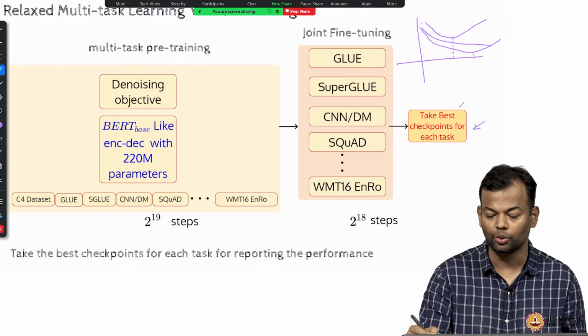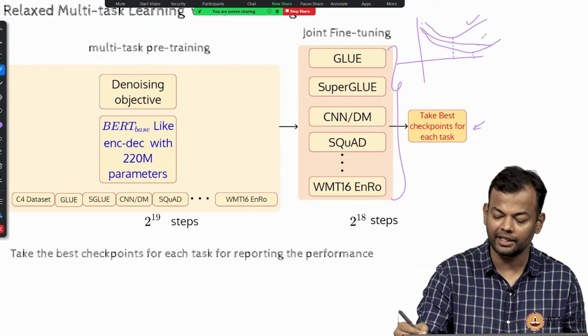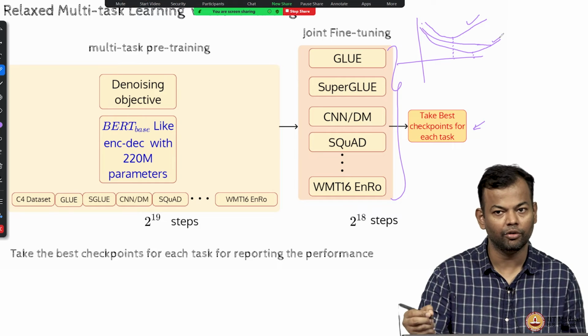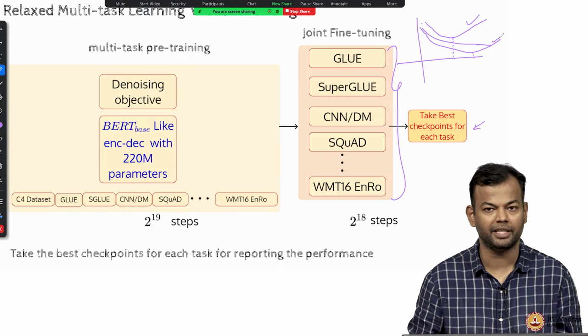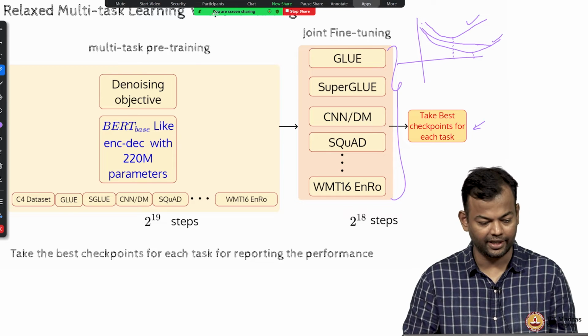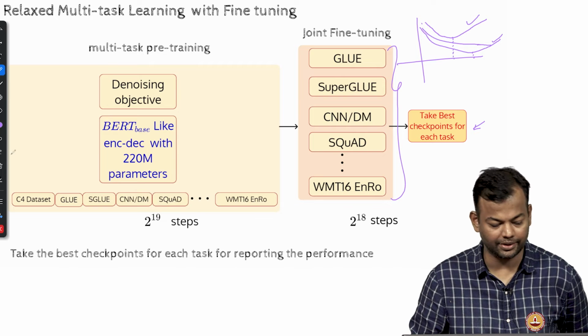So that's what I'm going to do. Although I'm jointly fine tuning on all the data sets, I'm tracking the validation errors separately for each task. And for each task, I'll take that checkpoint which gives me the best performance for that task, right? So that is what this relaxed multitask learning means.